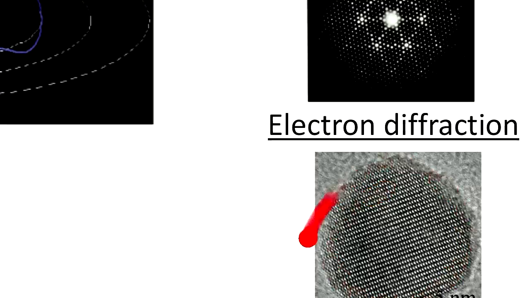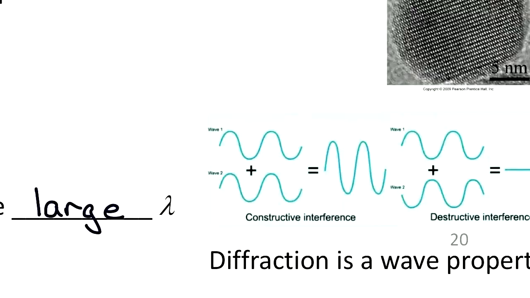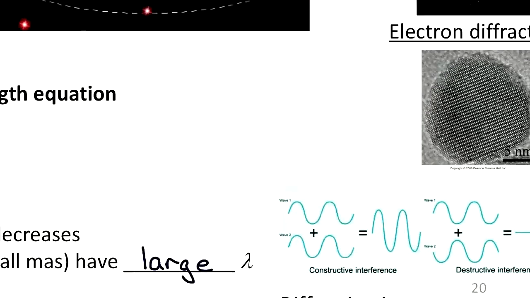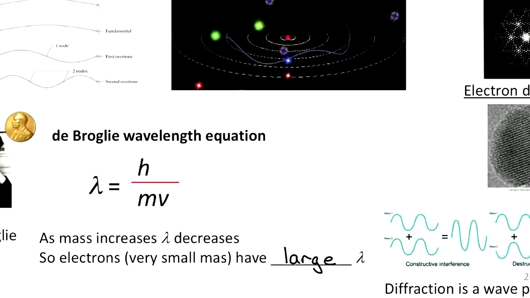So here's an example of electron diffraction, where we can take a beam of electrons, particles, and they too can diffract like a wave can, like light can. And diffraction, again, is a wave property where waves can either constructively or destructively interact with one another, either increasing their amplitude or decreasing it. So yeah, the diffraction patterns came later and proved that de Broglie was right all along.